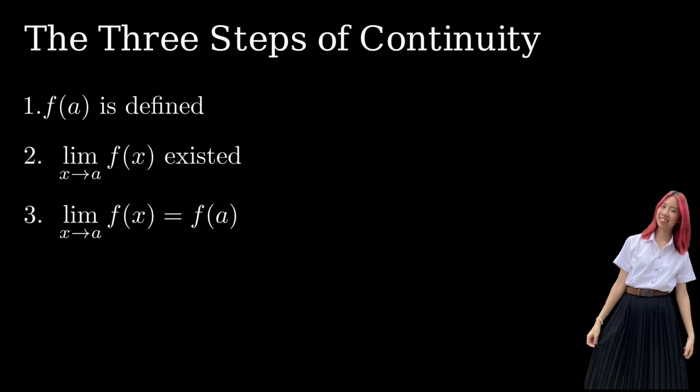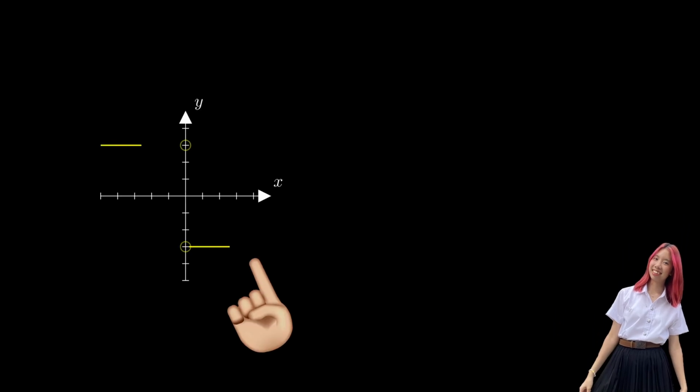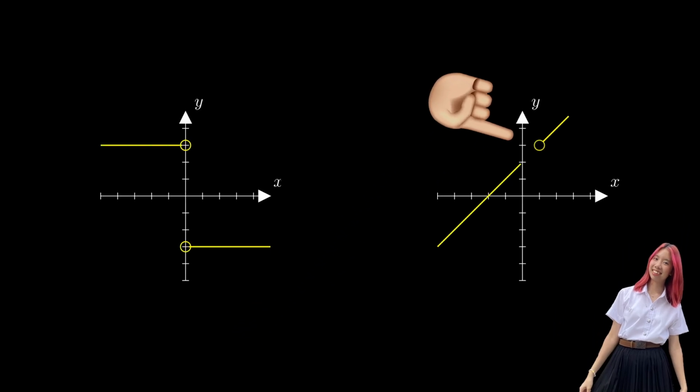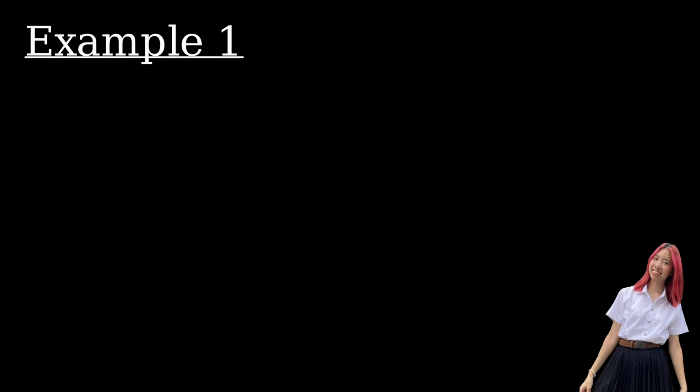The third step is that the limit as x approaches a of f(x) is equal to f(a). So, that's the definition of continuity at a point. If any of these fail, for example, the graph jumps or has a hole, then the function is discontinuous at a point.